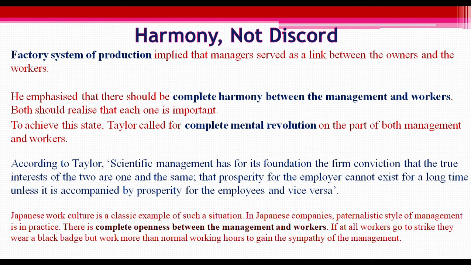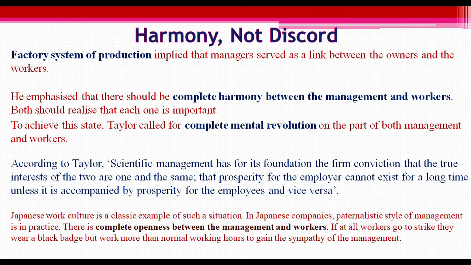This is the complete mental revolution on the part of both management and workers. You have to set your mind that everyone working in the organization is completely and equally important for the organization.